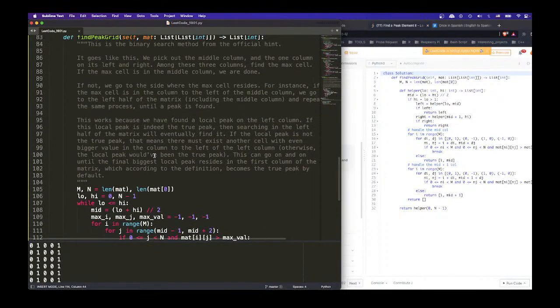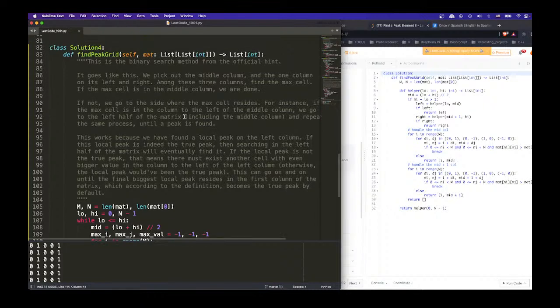Nice. All right, so we're going to search on the left column, right? If circle peak is indeed trivial, searching on the left half, we eventually find it.